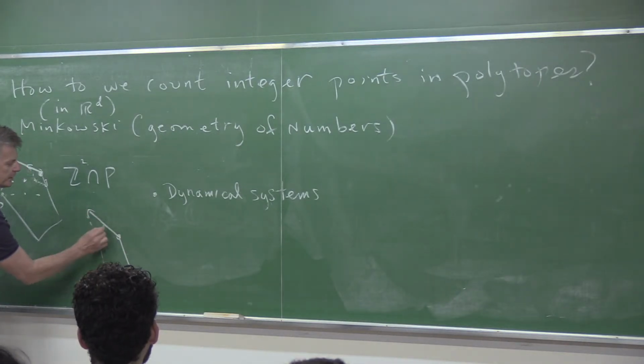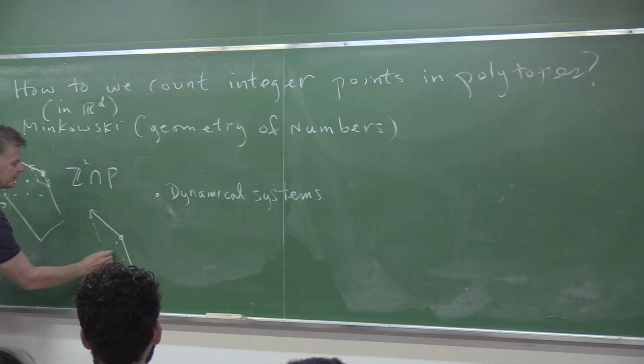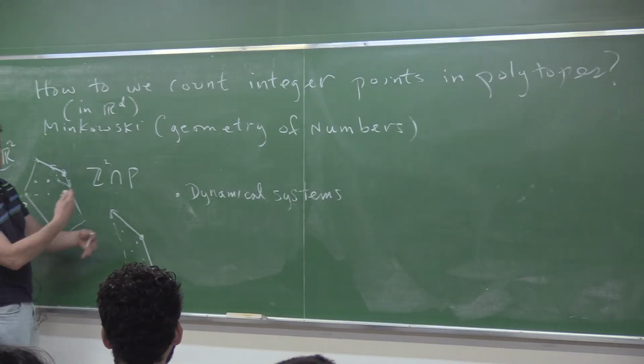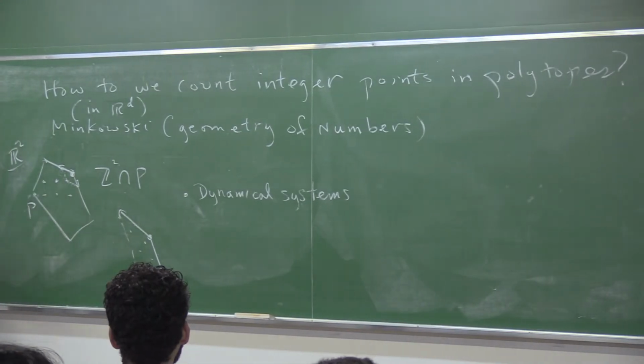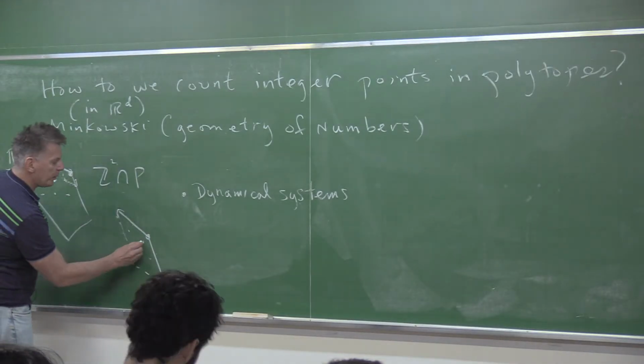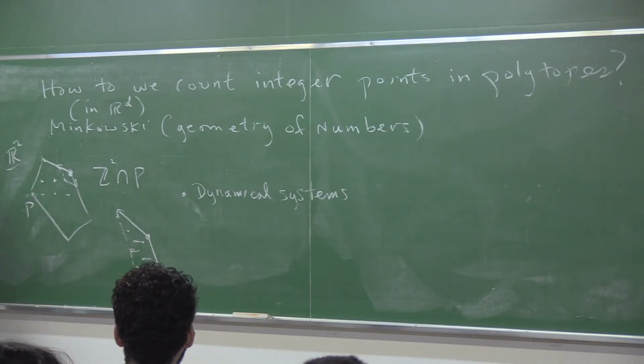This is parallel to this is parallel to this. And if you identify the sides, you get a flat torus. It turns out that the integer points inside this flat torus start moving in a dynamical system way that's hiding. So this is a static picture, but there's a dynamic picture when these things start moving. All the points start moving in the same direction. They form closed geodesics, periodic geodesics on the flat torus.